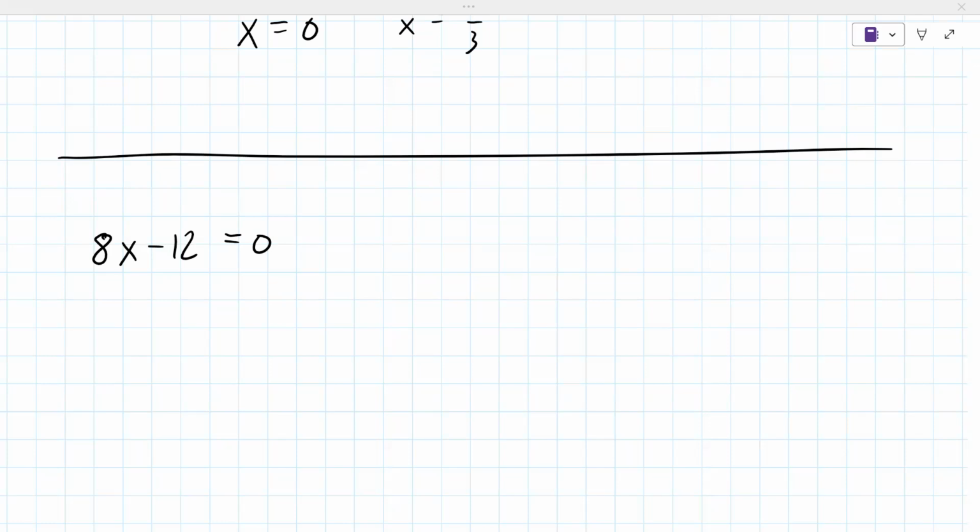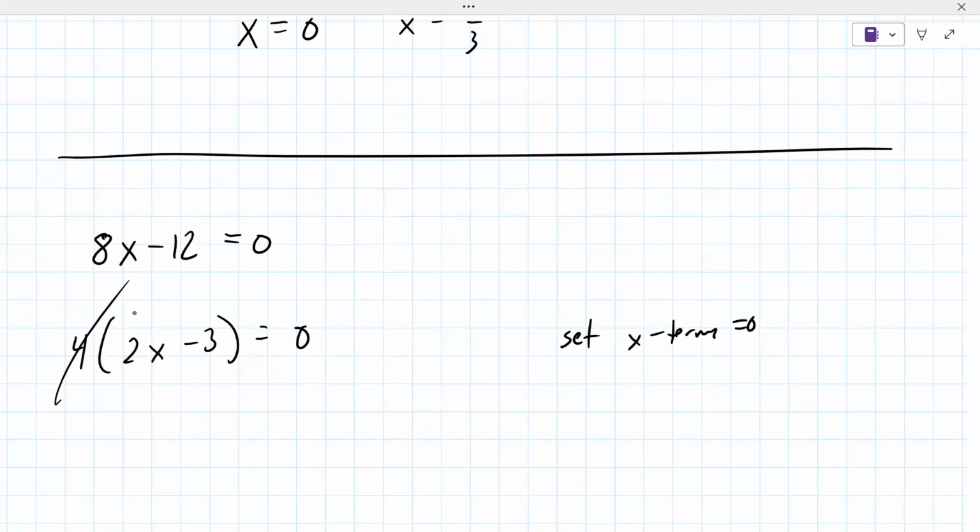X equals 0 and x equals 2 over 3. So there's a 4 that goes into both. Oh, not an x. See how there's not an x in both? So you only set the x terms equal to 0. So this 4 you just disregard.